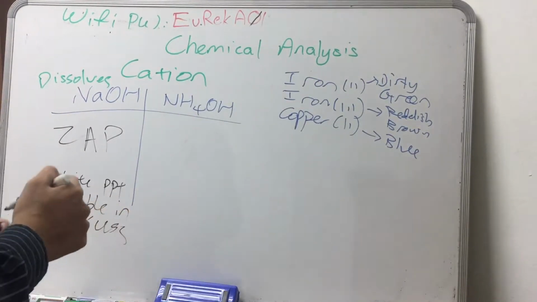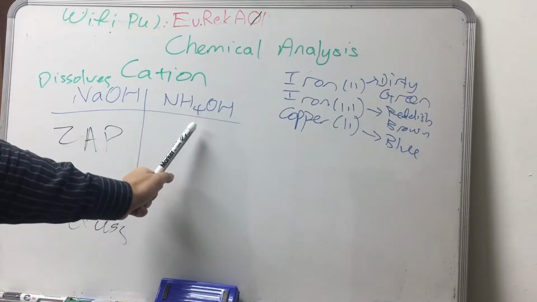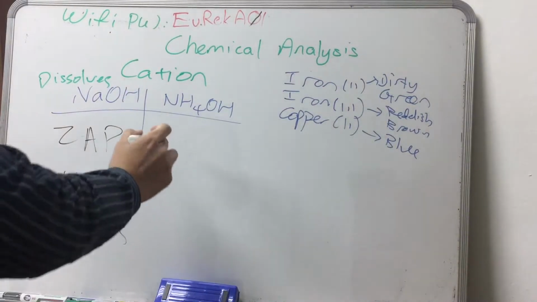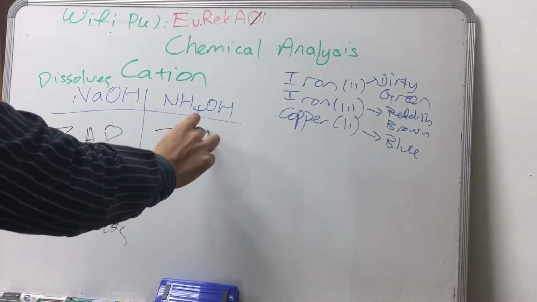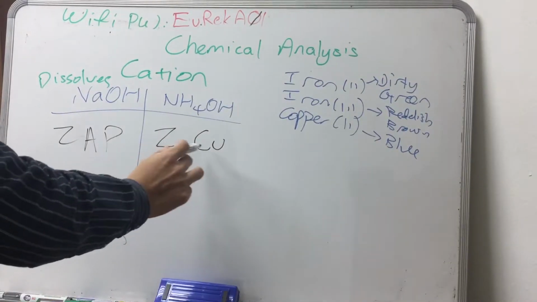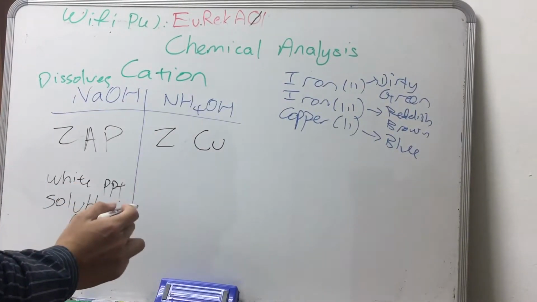Alright, so who is next? When you add your cations to ammonium hydroxide or ammonia solution, these two metals can dissolve in excess. These two cations are your zebra crossing, which stands for zinc and copper.